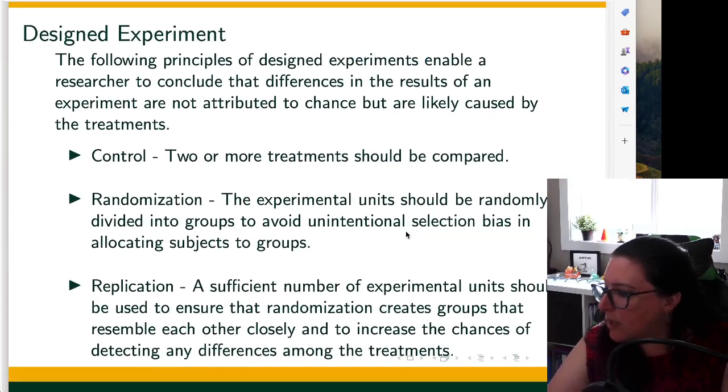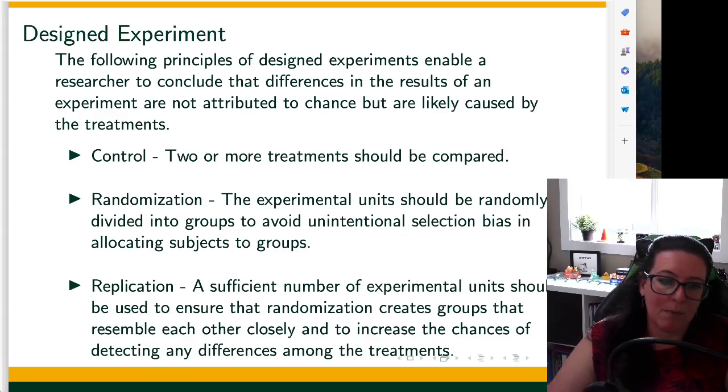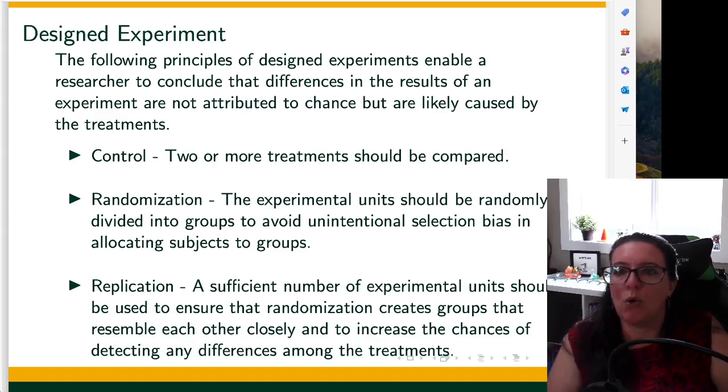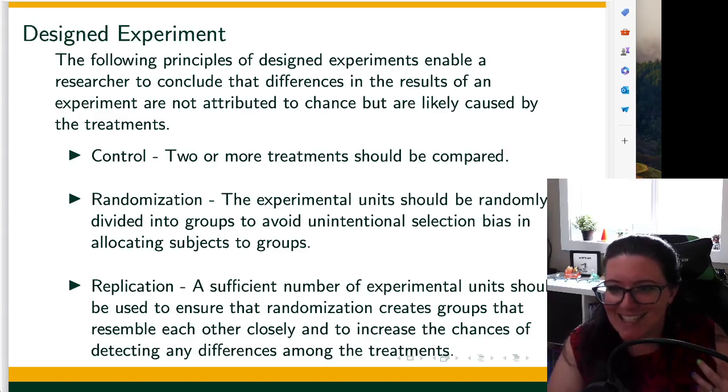All right, so we talked about control, we talked about randomization. The last thing I'm going to talk about here is replication. So when you are designing your experiment, we want it to be that if we're going to find that there is a statistically significant impact of our explanatory variable on the response, we'd like to think that if anyone else did this, they would get the same results.